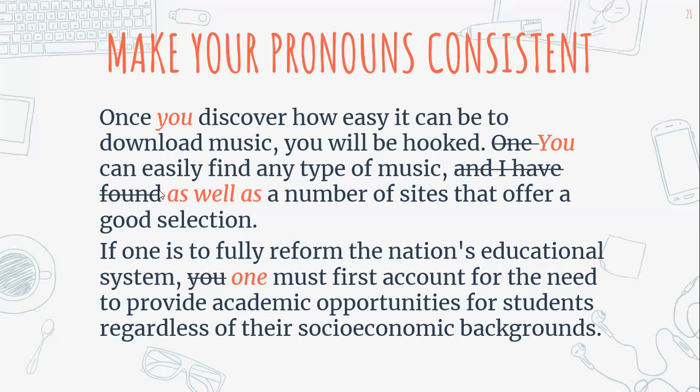Now, why is it that we didn't change their to one? Because obviously the antecedent of their here would be students. And in both examples, you can see that you and one are kind of used to address the general audience.